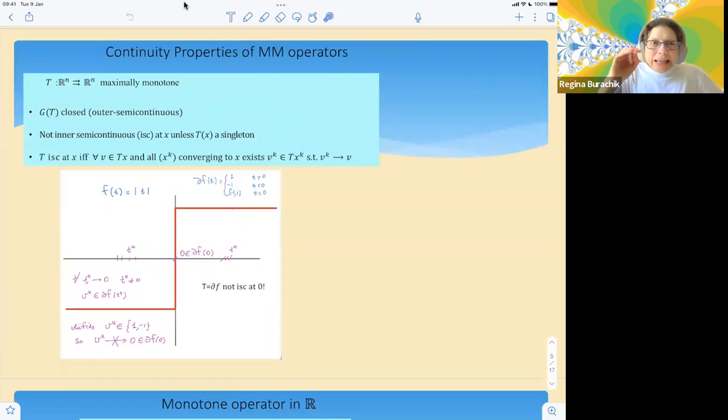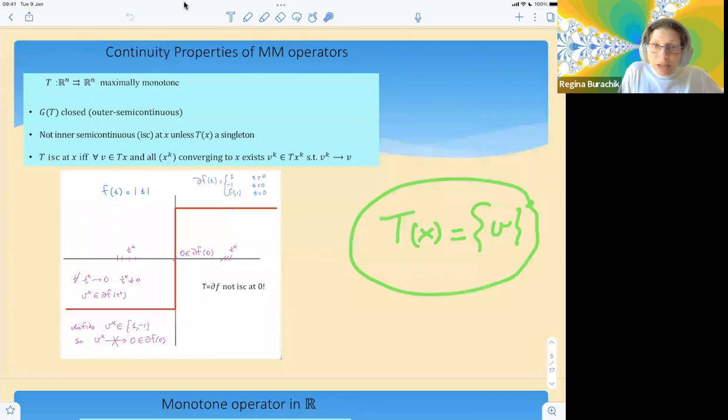Look, the result is as follows: T is going to be inner semi-continuous at x if and only if T of x is a singleton, a single element. So every operator has a single value selection, right? You can always select a point by using Zorn's lemma or by using some other rule.